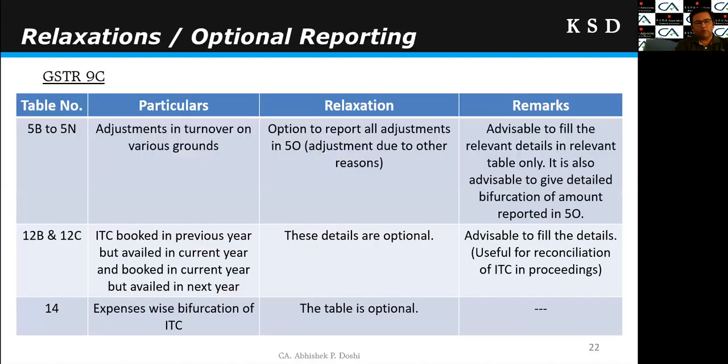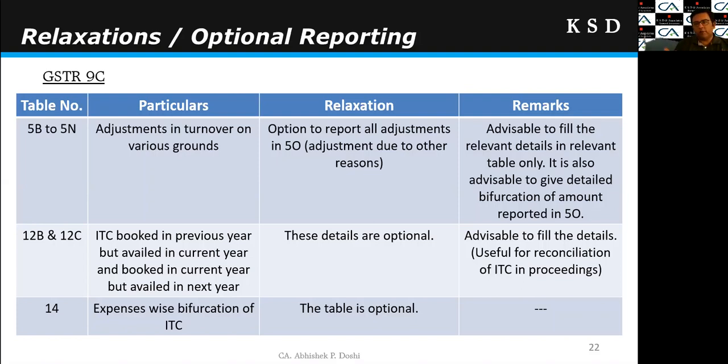Now there are also various relaxations given in the reporting of the GSTR 9C. First is the relaxation for table 5. There are various details or various grounds given in table 5B to 5N, which may be the reasons for the reconciliation between books of account and GST data.